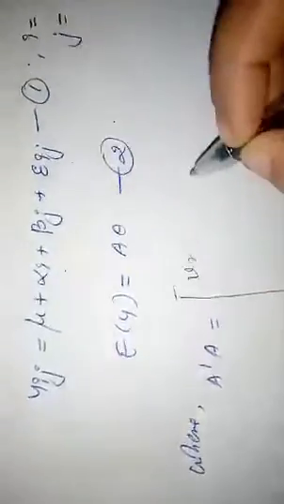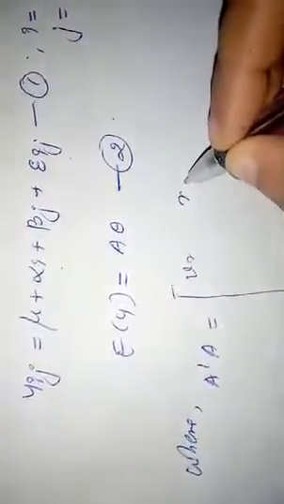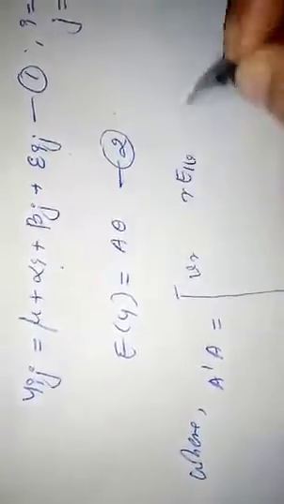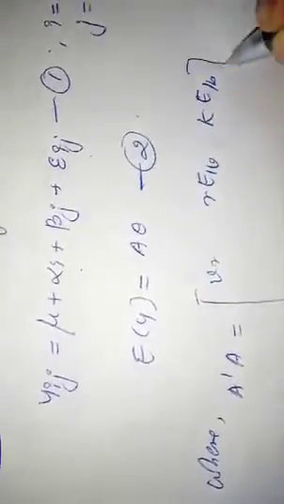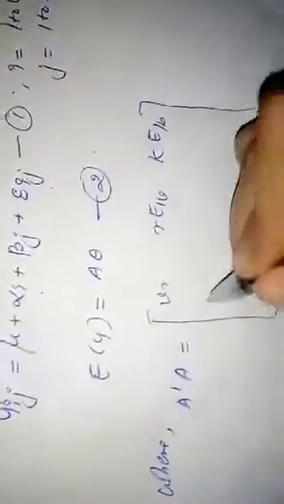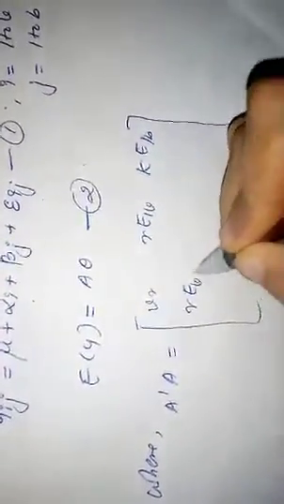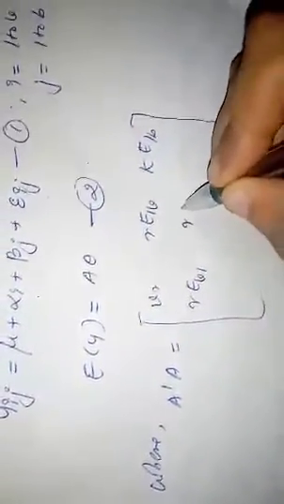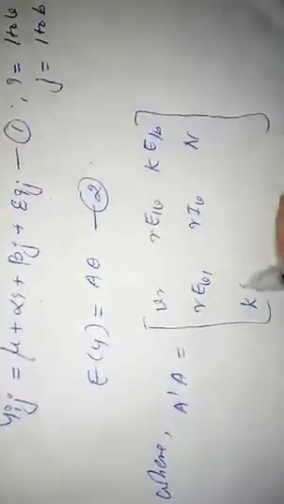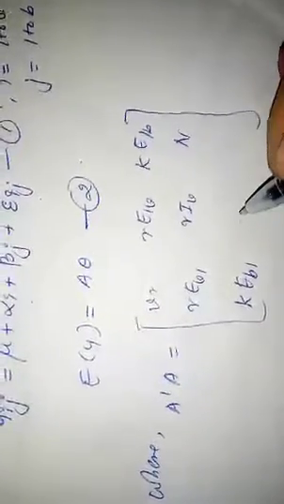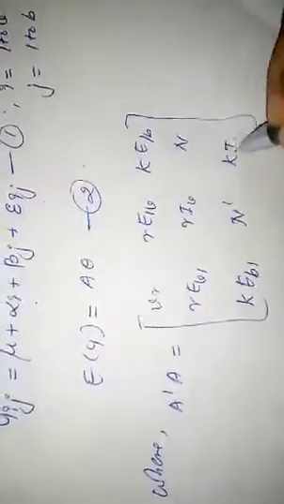We have: n, R E 1V, K E 1B; R E V1, R I V, and N; K E B1, and N transpose, K I B, right?